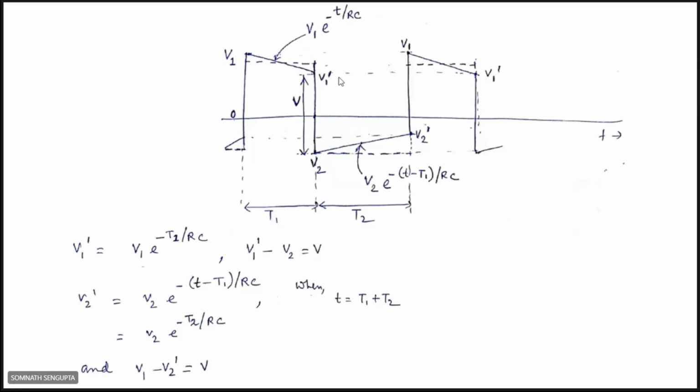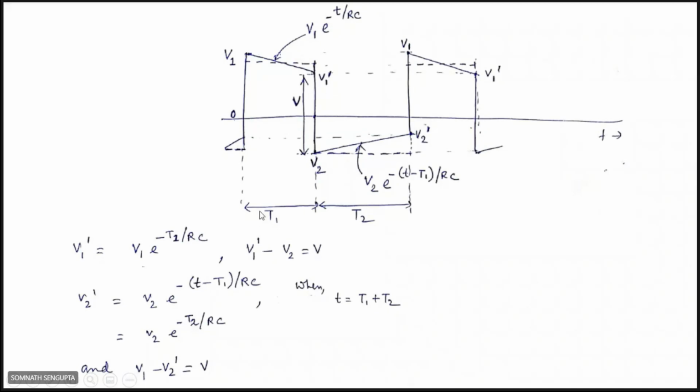We have considered this waveform. The dotted one is the input signal, that is the square wave, and the bold line is the output signal. What are the parameters at the output signal?